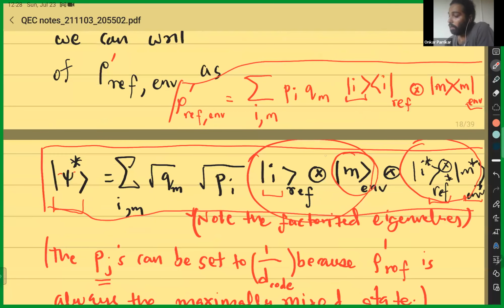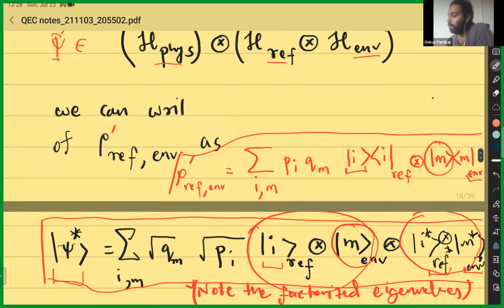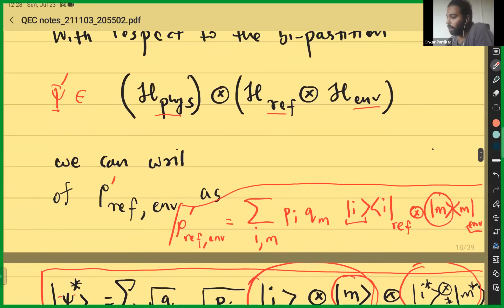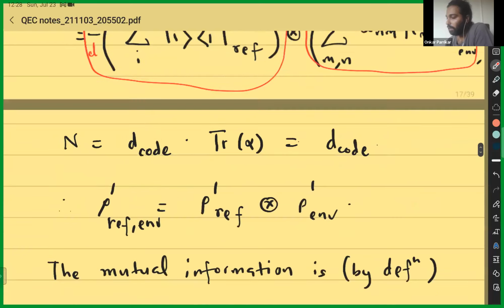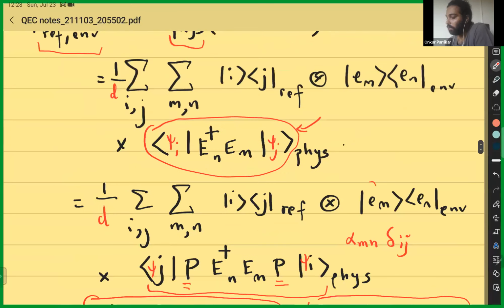One was the eigenvectors of this rho prime that forms a set of basis vectors on the environment, or it gives you a set of vectors, may not be a full basis, but some set of vectors on the environment subspace. There is another basis of vectors, which was these E_m's that you started off. And these alpha mn's are related to their overlaps.